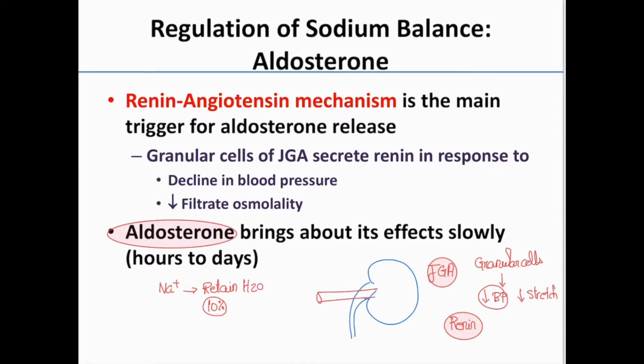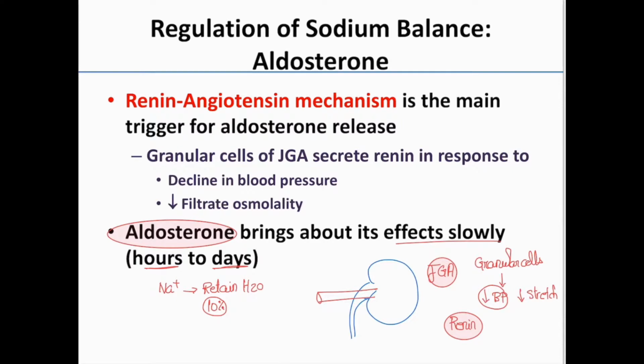So aldosterone brings its effects slowly, within hours to days. It's not a fast way to respond to a drop in the blood pressure. It's a long-term regulation of the blood pressure rather than a short-term regulation.